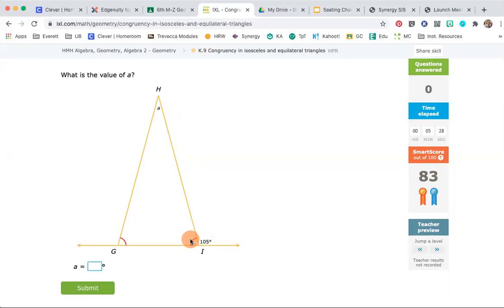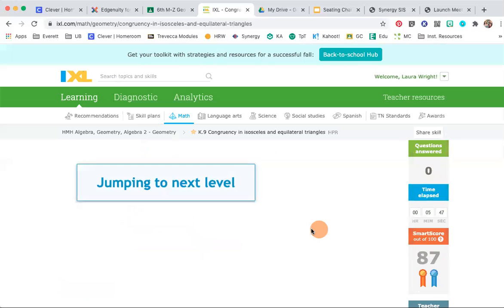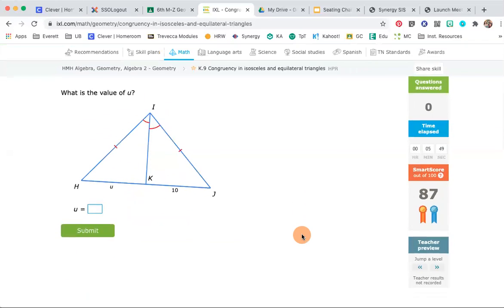So if this angle is 75 and this angle is 75, because they are the base angles of an isosceles triangle, also because matching marks mean matching measures, you can use 75 plus A equals 180 to solve for A. This should be the last level that you need before you reach your required SMART score of 90.